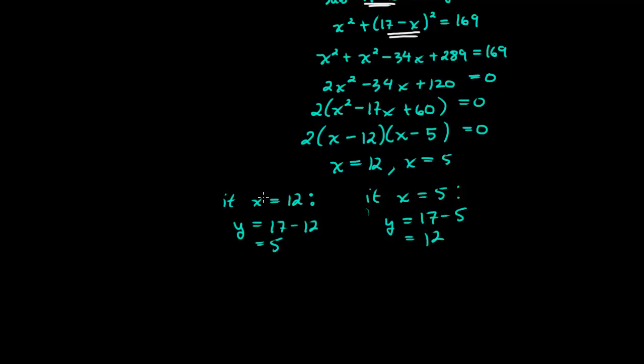So either the dimensions are 12 and 5 or 5 and 12. A rectangle is the same when you rotate it, so the dimensions are just going to be 5 meters by 12 meters. So let's say, therefore, the dimensions are 5 meters by 12 meters.